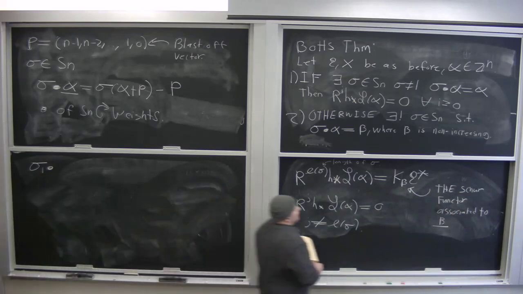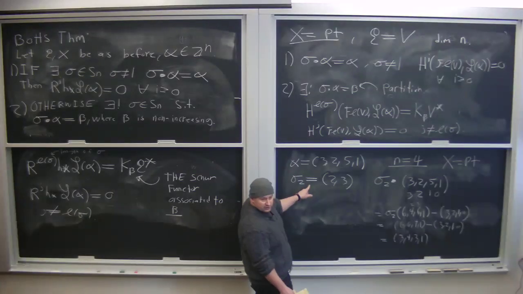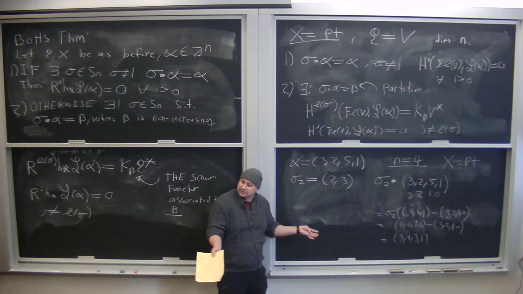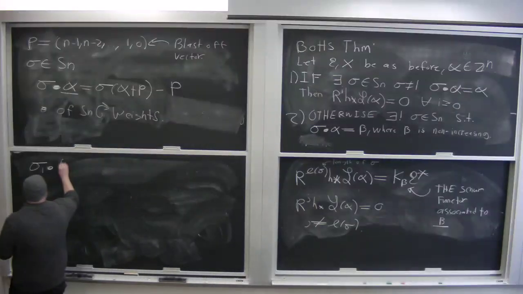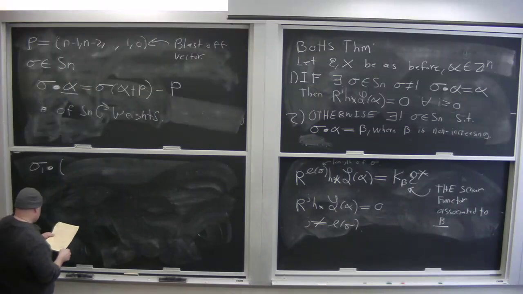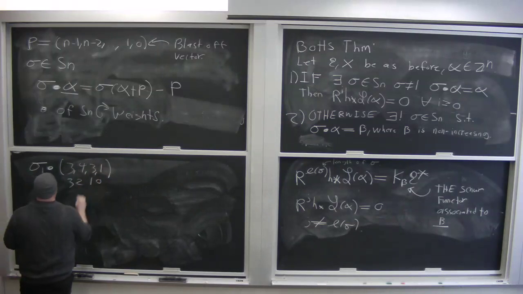So I did one transposition, but I could have composed two different transpositions. So if I did sigma bullet of, what did I have here? I had 3, 4, 3, 1. Okay, so 3, 2, 1, 0.